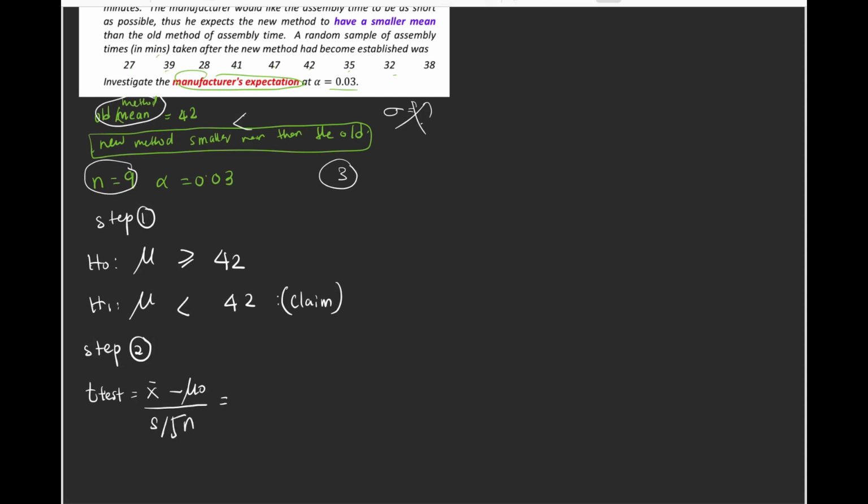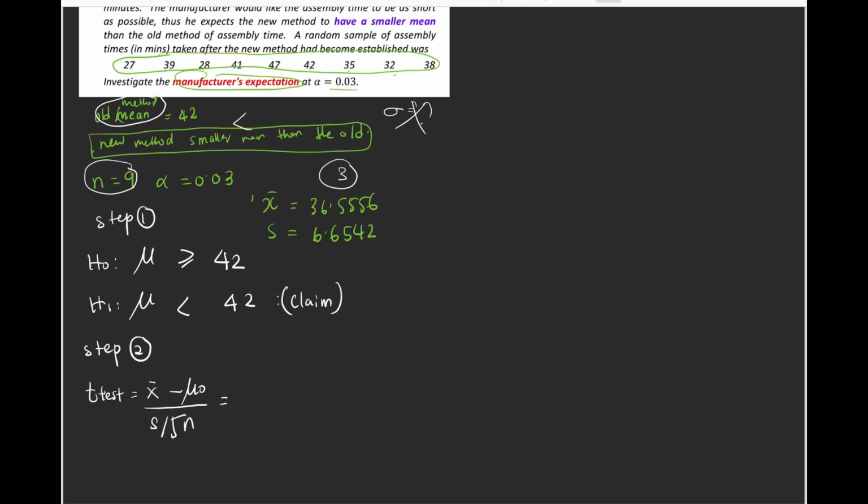We get x bar from this data. Substitute the data into your calculator and you will get the x bar. The x bar here is equal to 36.5556, and the s is equal to 6.6542.